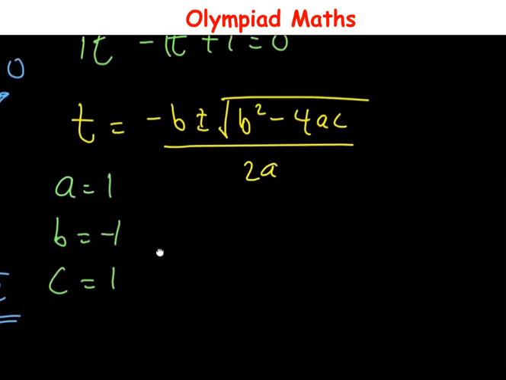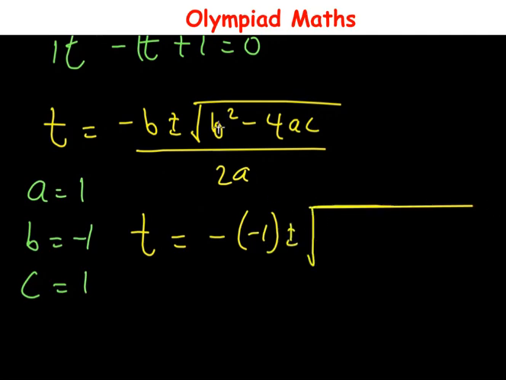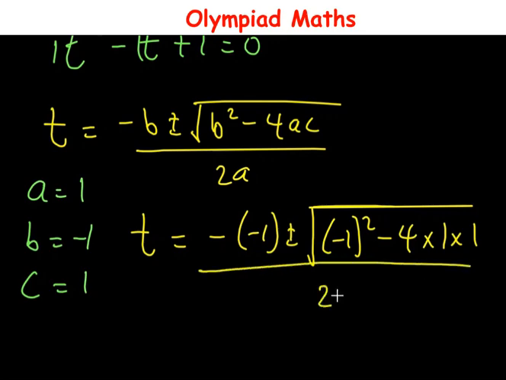With this, inputting the values of a, b, c into the formula, what we have as the solution for t is equal to minus b is minus 1, then plus or minus square root b squared, that will become minus 1 all squared, minus 4 times a is 1 times c is 1, all over 2 times a is 1.